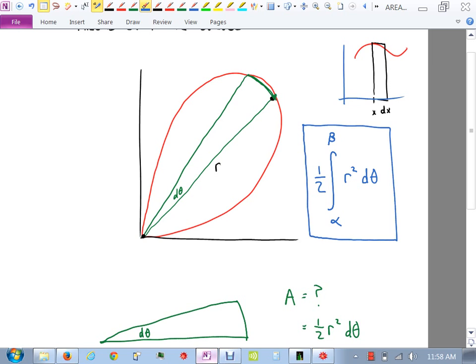And remember that r is really f of theta, isn't it? So that'll usually be given to us. Do you see where it comes from, though? It's pretty cool. Next thing is going to be an example.